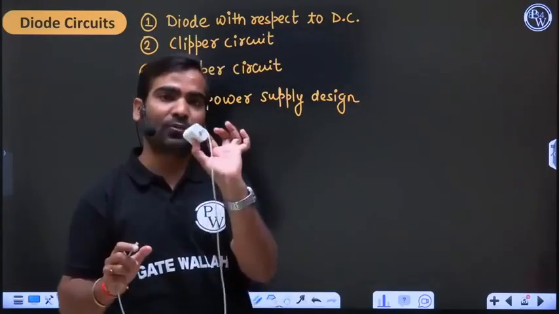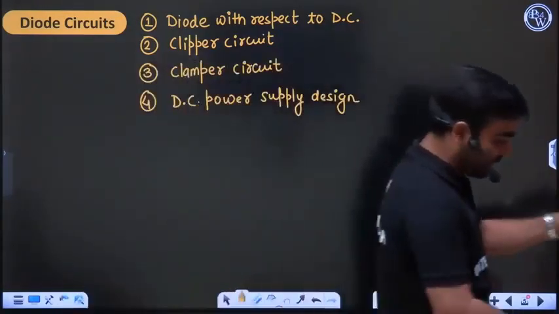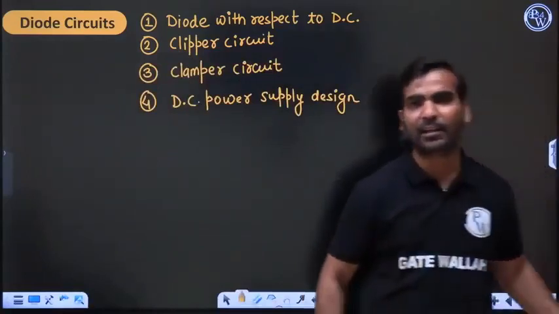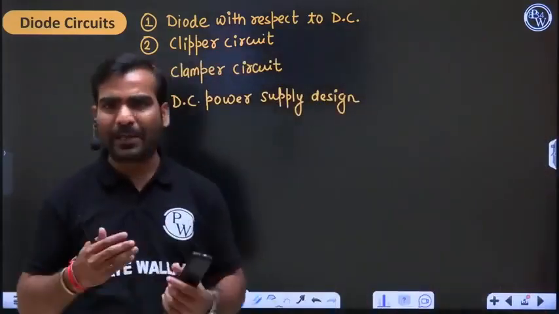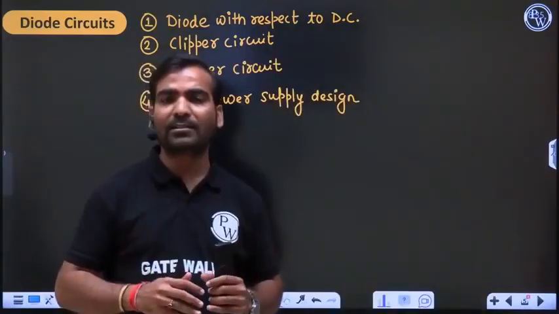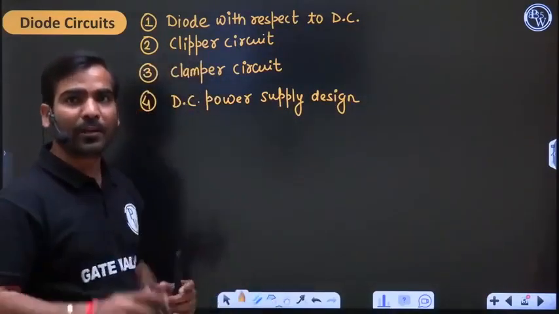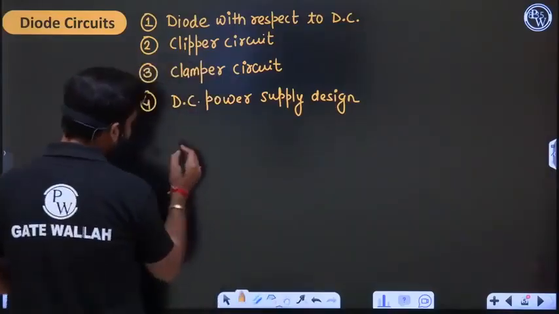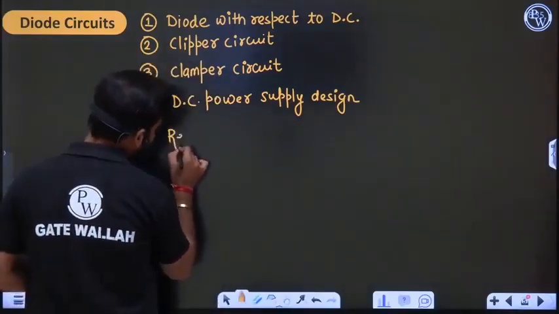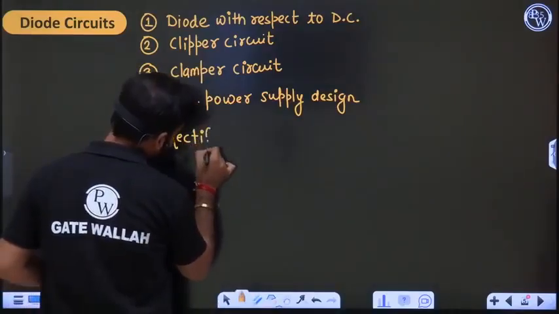Inside this there is a circuit, and we will discuss it at a great level, with proper pictures and proper understanding, just like a movie. This subject is completely moving. You will have a rectifier circuit.